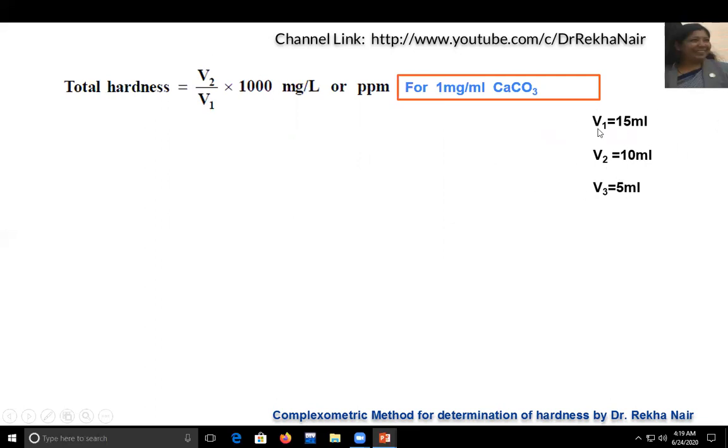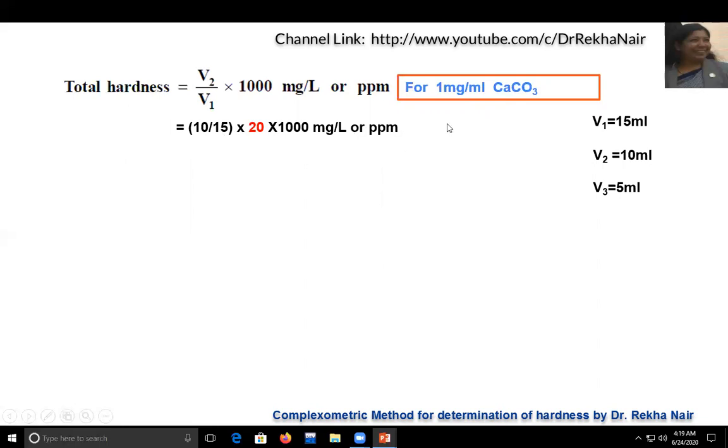We can put the V1, V2, V3 values in the formulas. So V2 is 10 ml divided by V1 ml. So V2 upon V1 multiplied by 1000. Because it is 20 milligram per ml standard hard water, we are multiplying by 20. Otherwise, we can directly write that 10 upon 15 into 1000 milligram per liter is the answer.